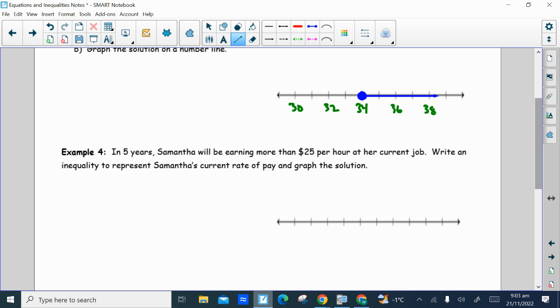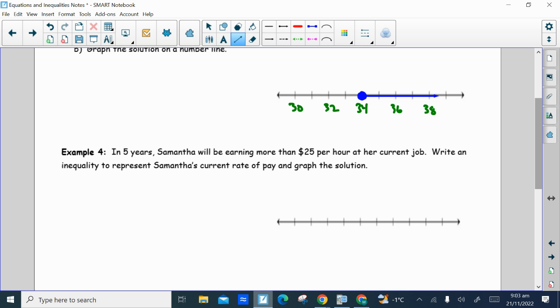So example 4 says, in 5 years, Samantha will be earning more than $25 per hour at her current job.